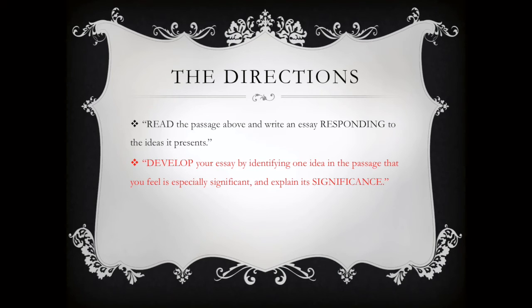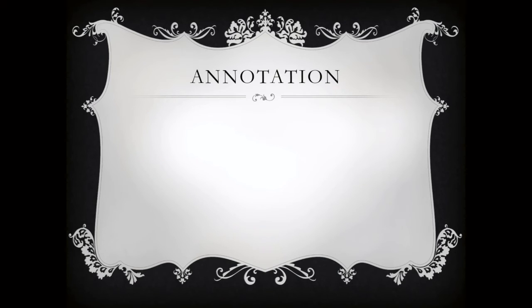You might want to go back and play that part again. We're going to discuss annotation a little bit. There's also a separate video on annotation, which you should definitely check out if you haven't already done so. Basically, annotation means to underline or highlight. The second point is to paraphrase something you have read.